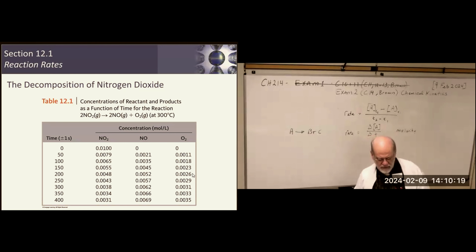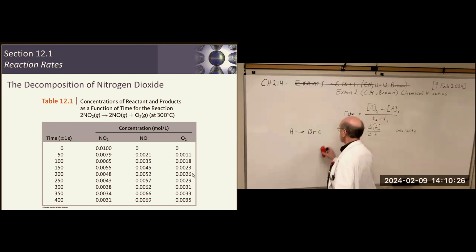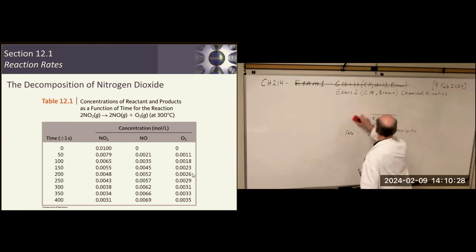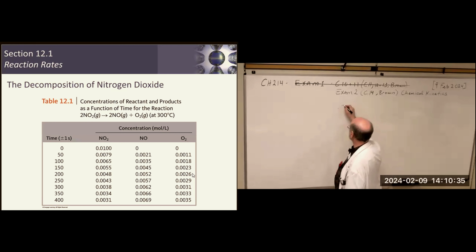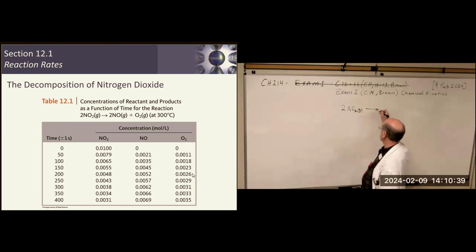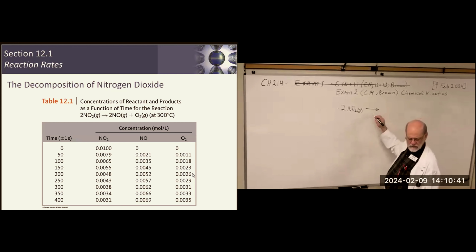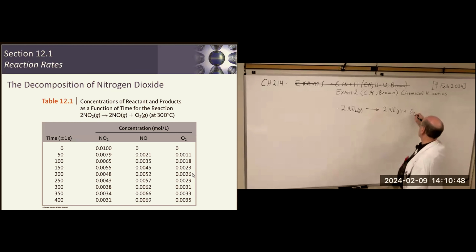Okay, so the next one is a data set for the reaction. Let me go ahead and erase this. For the reaction of 2NO2 decomposing into NO and O2, they're all gases.